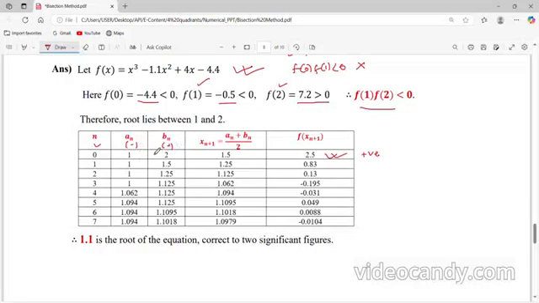Since for the point 1.5 we have arrived at a positive value, the place with the positive value is changed, so 2 becomes 1.5. The other one has no change, because if we get a negative value, then 1 would be changed to 1.5. Since here it is positive, 2 is changed to 1.5.